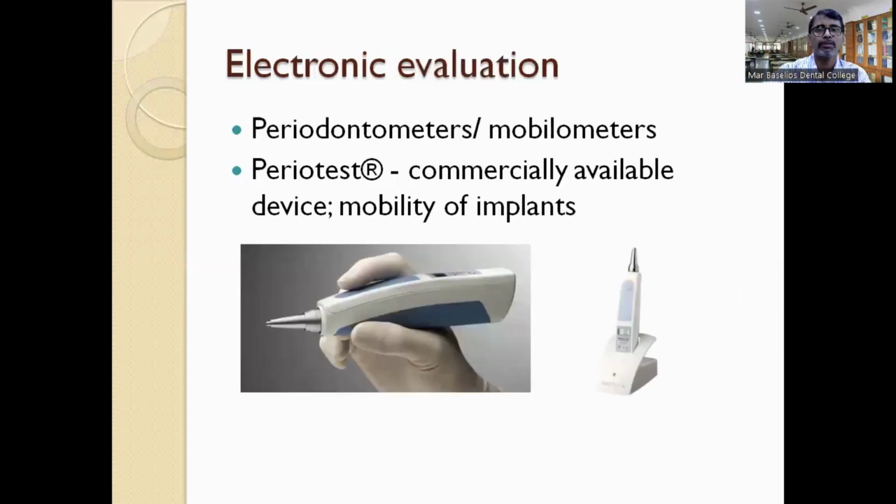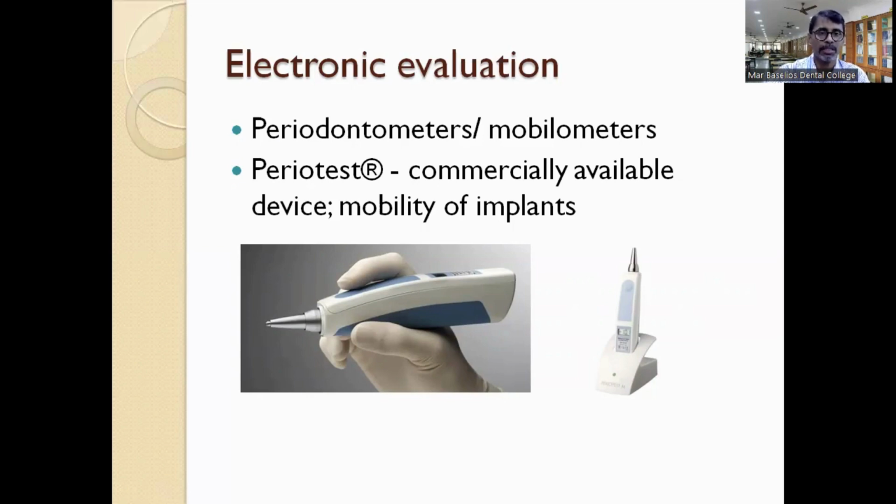Instead of the manual method, you can go for electronic evaluation of tooth mobility. Periodontometers or mobilometers are generic names which have been used in the past to denote this equipment for measurement of tooth mobility. You have many commercially available pieces of equipment for measuring tooth mobility, out of which the most popular one is called the Periotest.